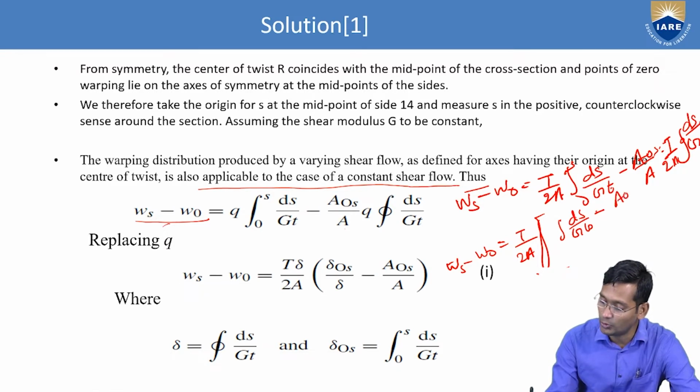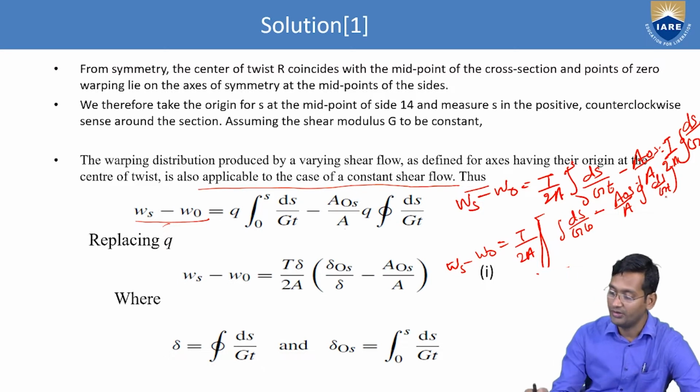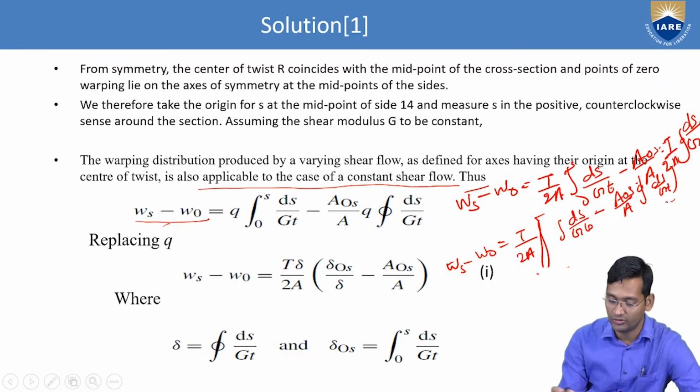Minus A_OS by A into closed integral of ds by gt. Now take closed integral of ds by gt also as common. Because in ds by gt there is one difference, 0 to s, and this is for the closed integral, right? That's why we cannot take it common. Just see here, this one, delta, is ds by gt.